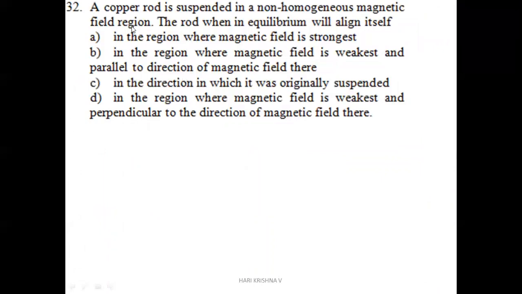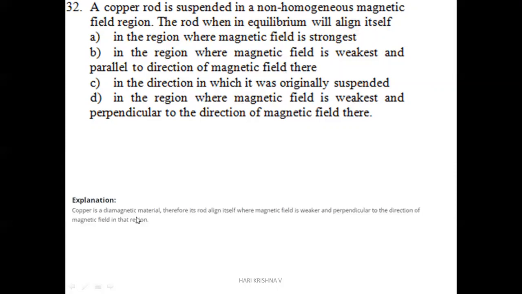Next, a copper rod. The rod in equilibrium will align itself: in the region where the magnetic field is strong, the region where the magnetic field is weakest, or the region where it is weakest and perpendicular. So is copper diamagnetic or paramagnetic? Copper is a diamagnetic material.